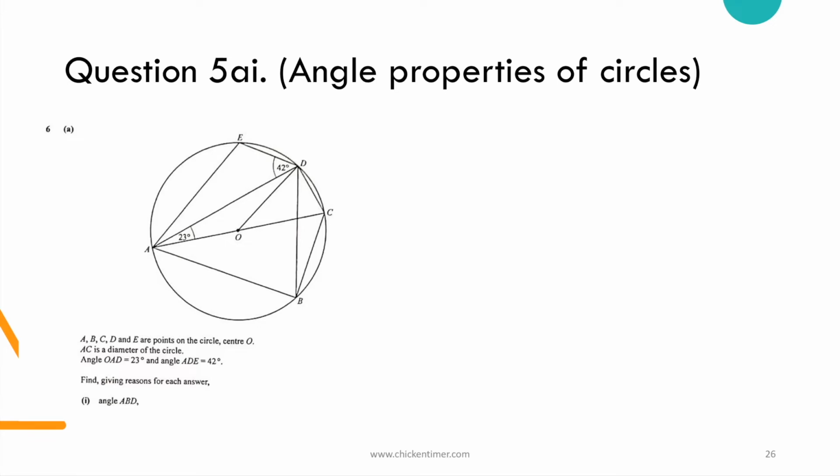Then you would try to look at the question and see what they want, and you try to spot how many kinds of properties there are that is given inside the question, and then how many of them can actually help you get useful information for your answer. Okay, so for part 1, we are supposed to find angle ABD.